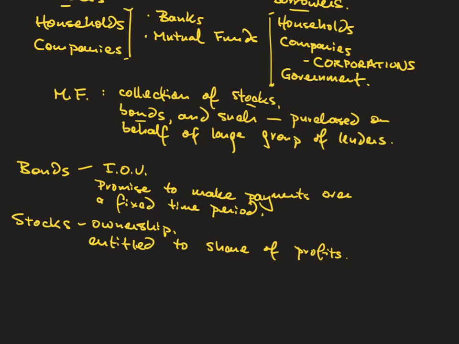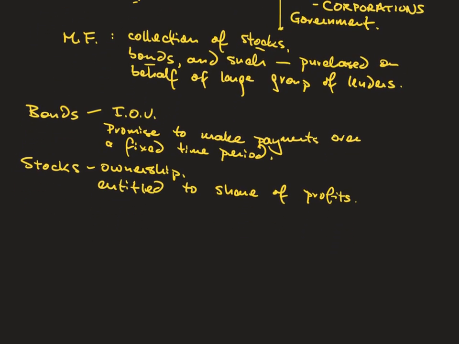Shares or stocks in a company are intended to be sold very easily from one person to another without having to go through a private sale. And they're sold in stock markets.